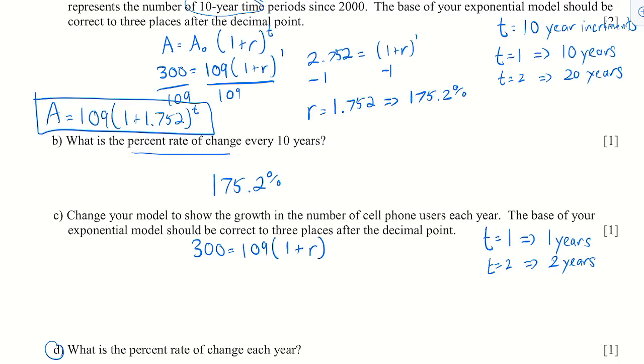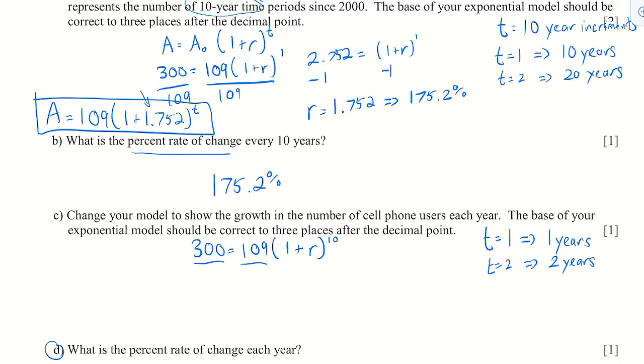Now, it makes sense to maybe just say, okay, well, I'll just divide that percentage by 10, but that's not how exponential functions end up working. It's a little bit different from there. But what I'm going to do here is, since going from 109 million cell phone users to 300, I know that that is actually going to be 10 years later, so I'm going to write that as 10.